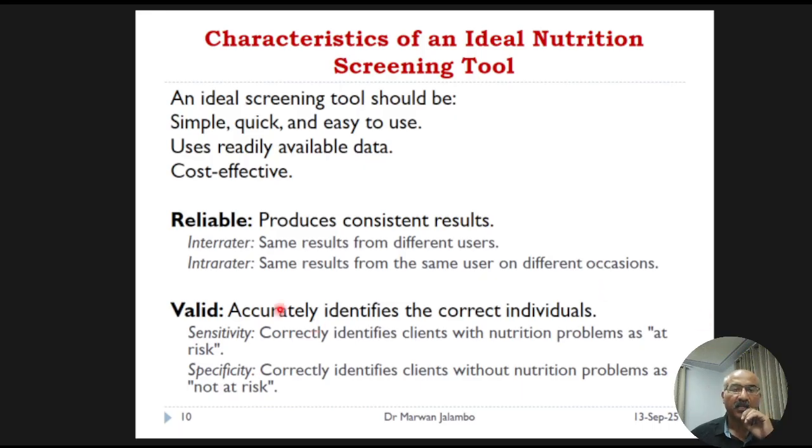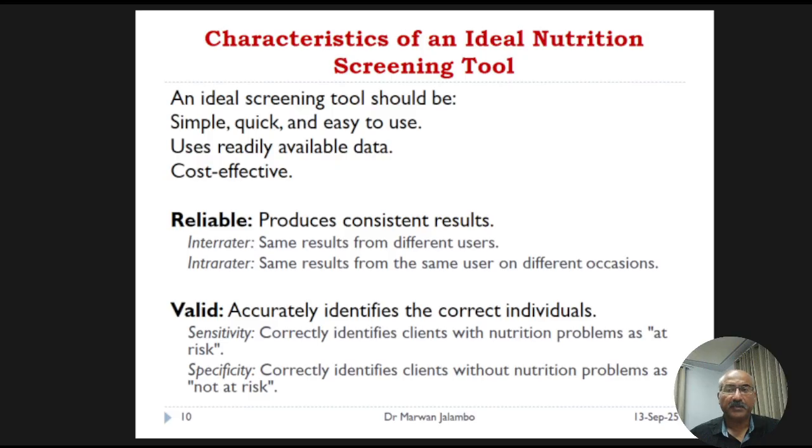So what is reliability? Reliability means consistency; it produces consistent results. So there's inter-rater and intra-rater reliability.